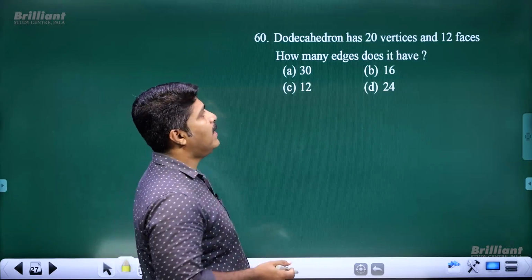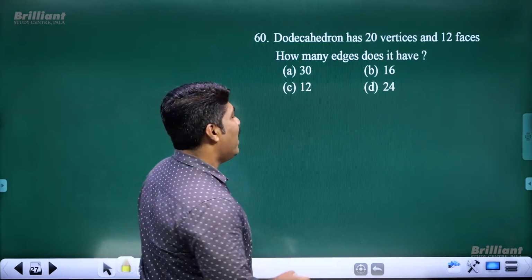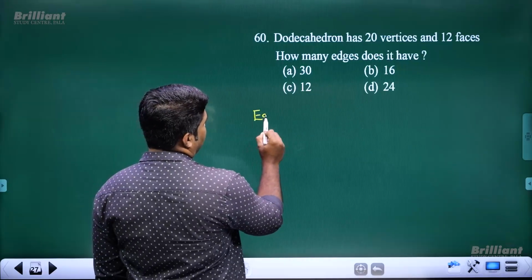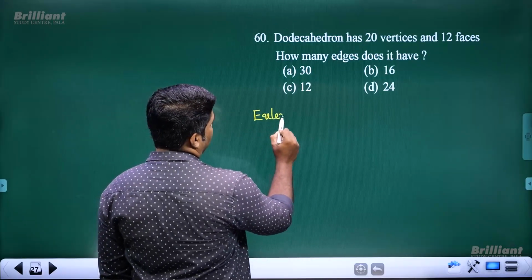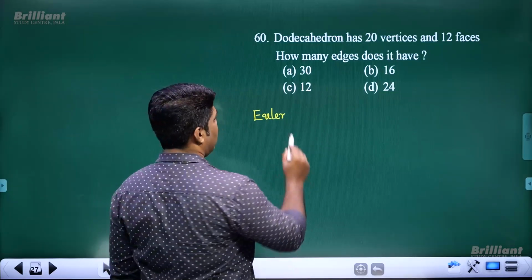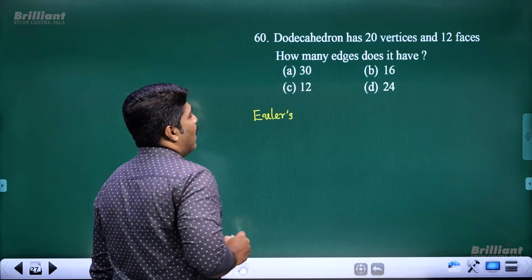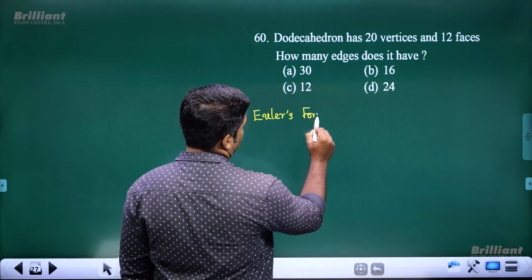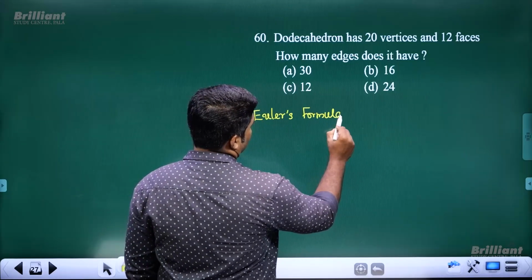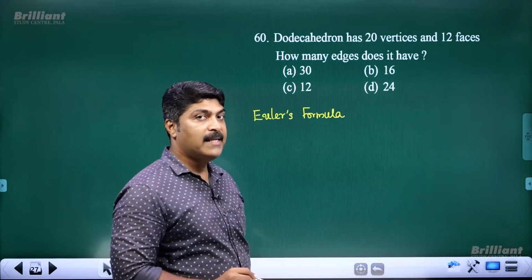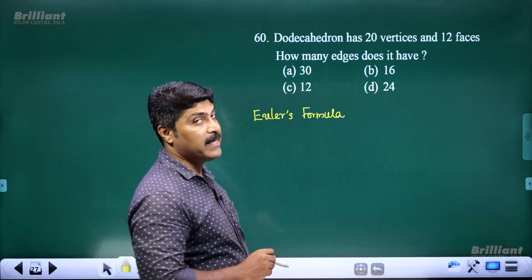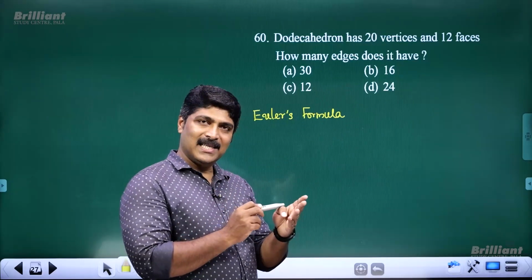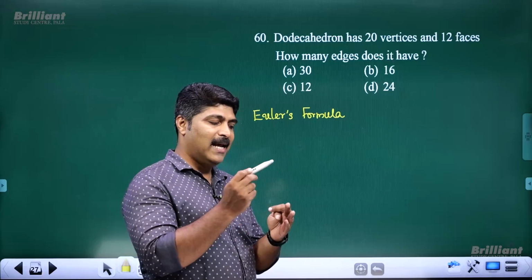Then how can we find the edges? While considering this kind of question, we apply Euler's formula. This is Euler's formula, related to solid figures, in regards to vertices, faces, and edges.